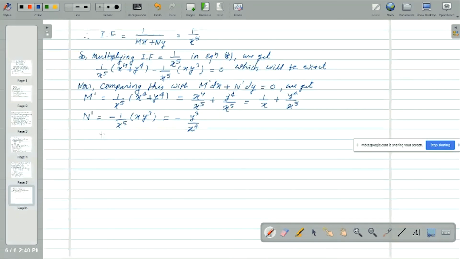Now you don't need to show that dou m dash by dou y equal to dou n dash by dou x, because this is already exact. If you multiply any differential equation with its integrating factor, then that differential equation is exact. Now you can directly find the solution.